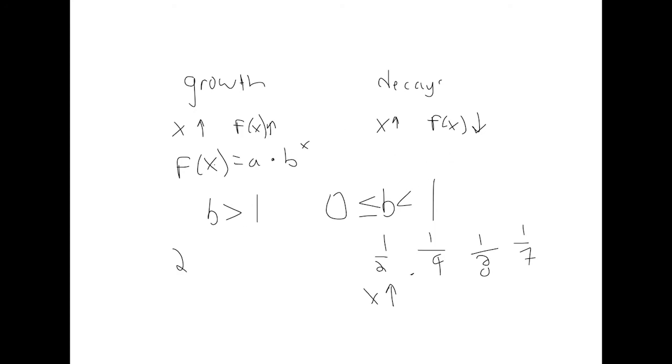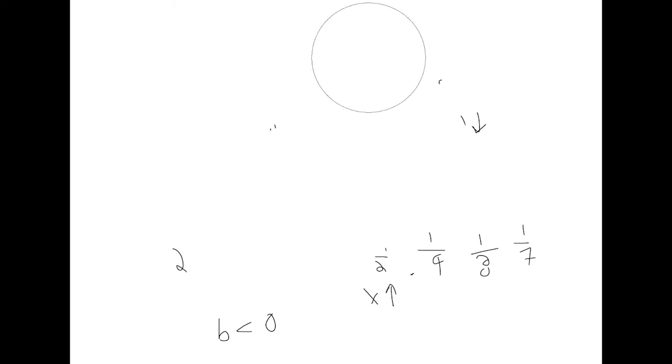Okay, so what was that whole thing that I just did with the -1, right? Well, if you have a negative number as b, so where b is less than 0, what sort of situation is that? Well, let's think about it.